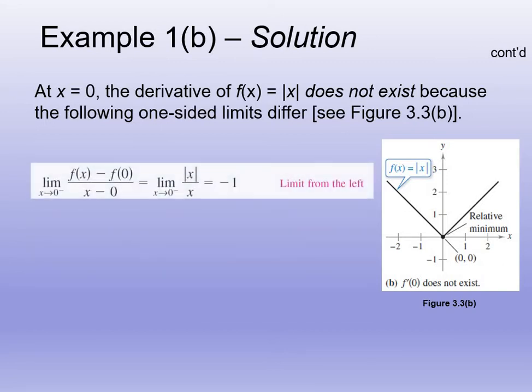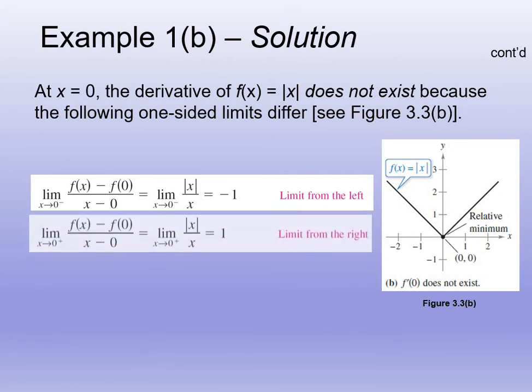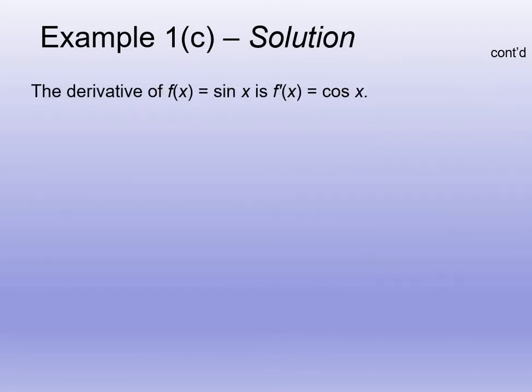We just have to remember those sorts of things. So the limit from the left and the limit from the right don't agree, so the derivative at x equals 0 does not exist. There's still a minimum there, but we can't define it because the derivative does not exist at 0.